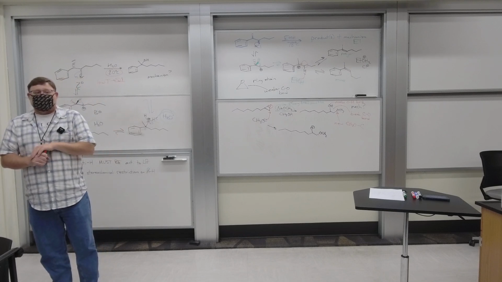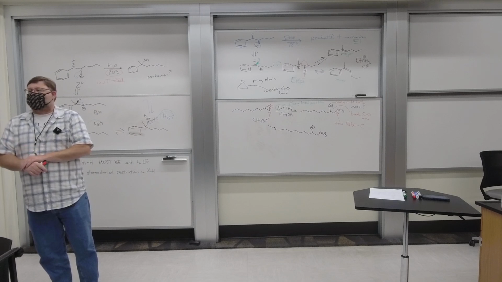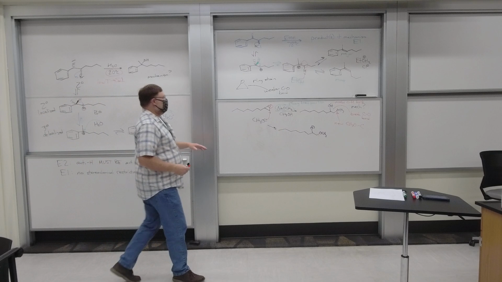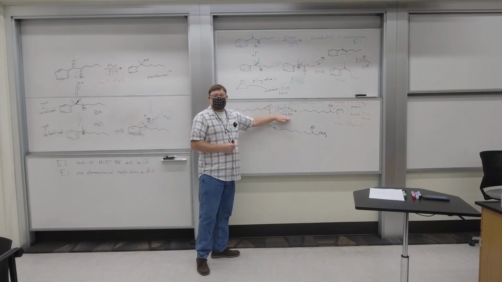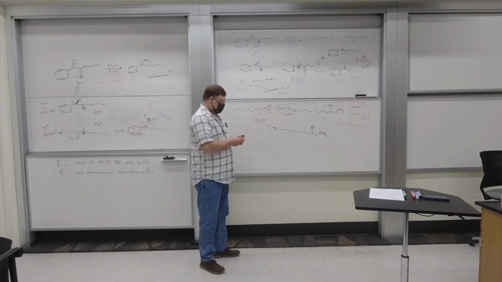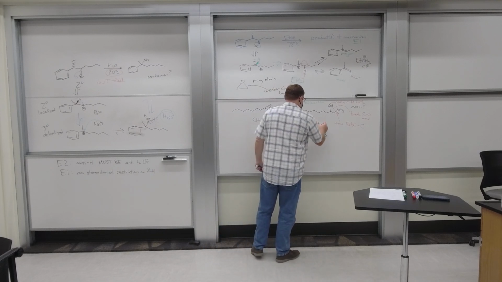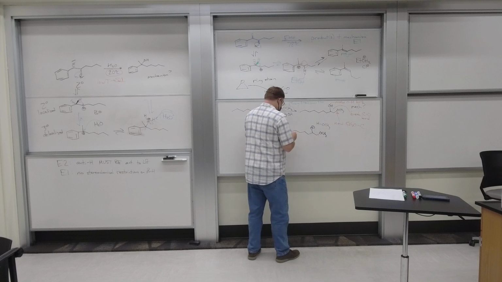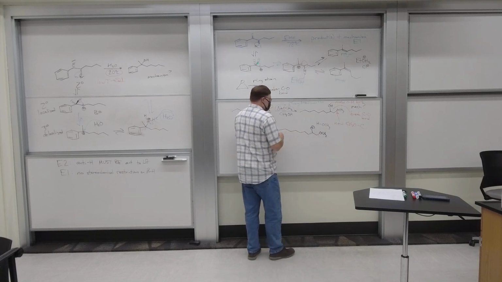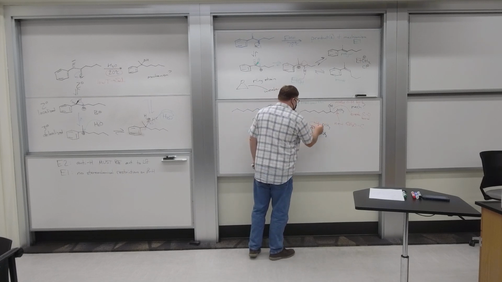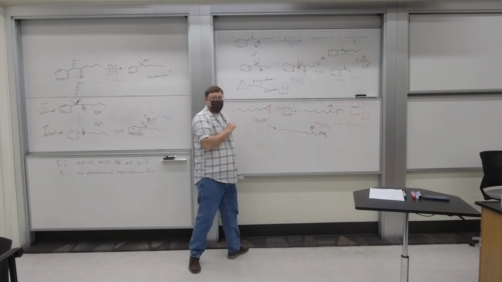Do you have any acids in this reaction? What is it? Yeah. So methanol is a weak acid, but it's an acid. So the O minus is going to take an H from methanol, and that'll regenerate methoxide.